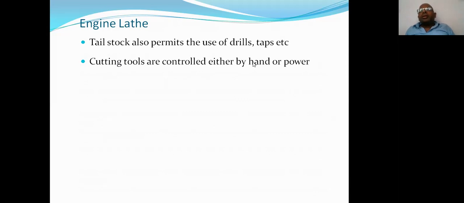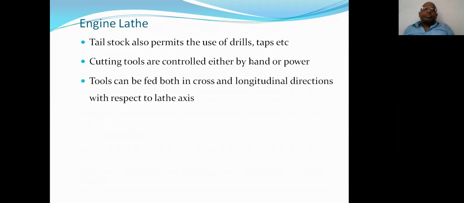Movement of the cutting tool by hand means that the carriage, cross slide or compound rest is moved with human effort. Then the cutting tool is controlled with the help of manpower or hand power. Tools can be fed both in cross and longitudinal directions with respect to the lathe axis.